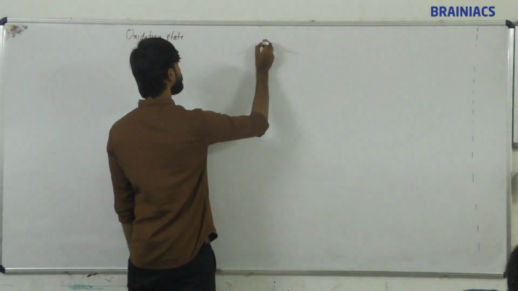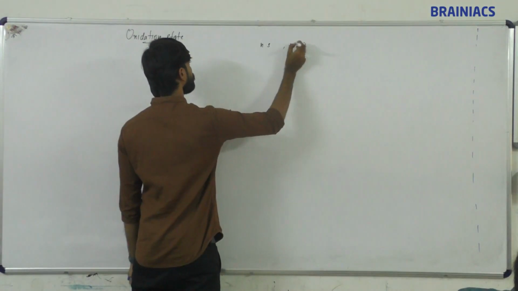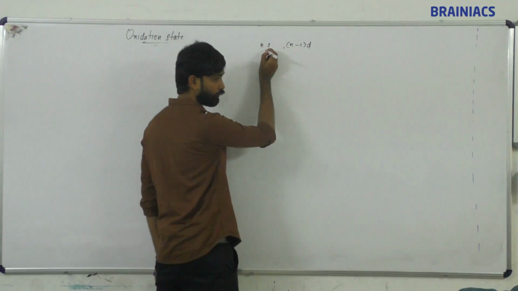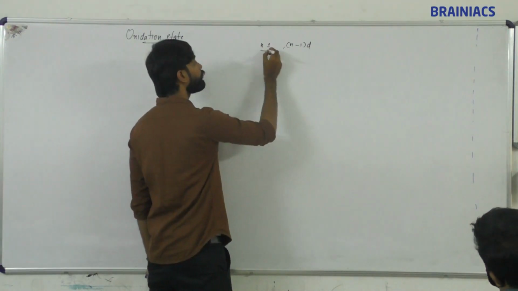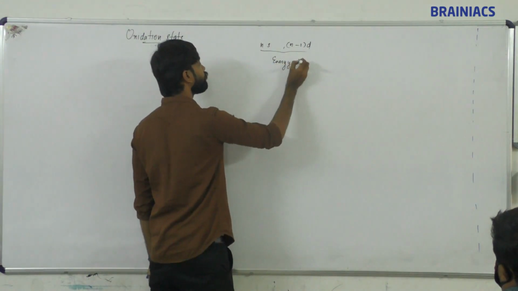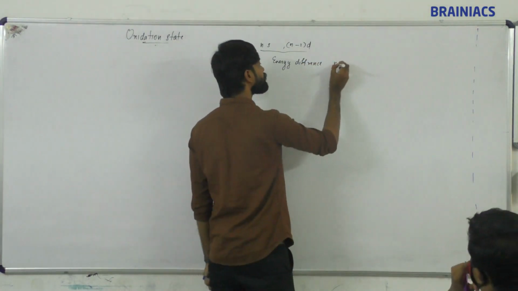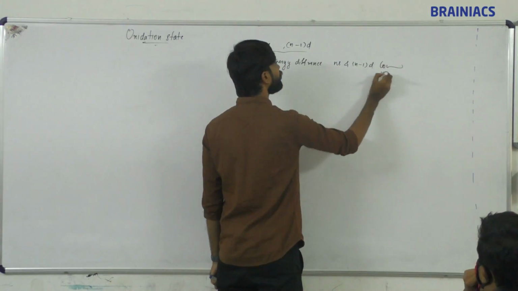Why do they show a variable oxidation state? Because this is the outer electron, and this is the inner one. Listen, the energy difference between Ns and N-1d is comparatively low.